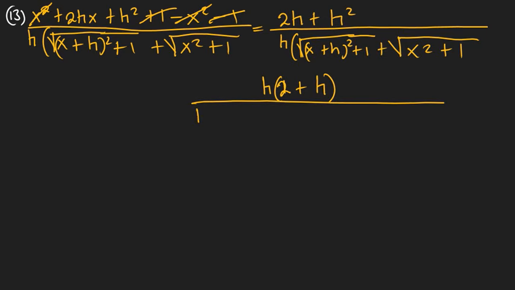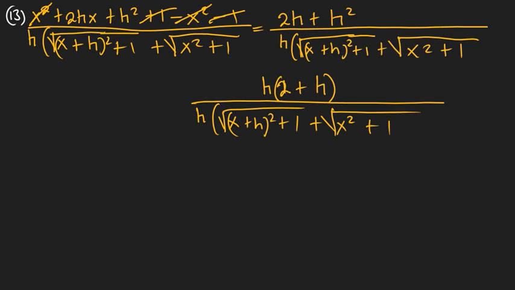Then you're going to have your h there, then open brackets, square root of x plus h plus 1 plus square root of x to the power 2 plus 1. Okay, so this and that can go. So when it goes, you're going to remain with 2 plus h.